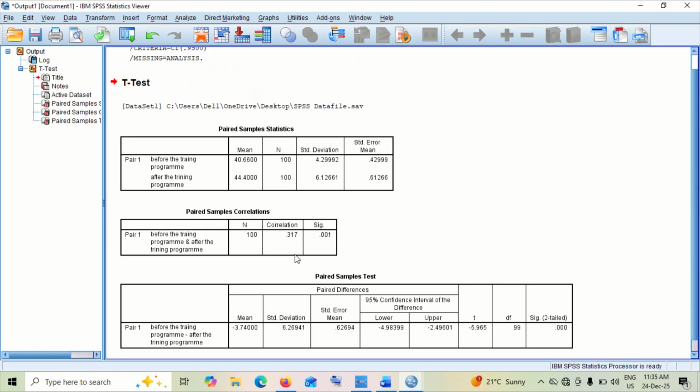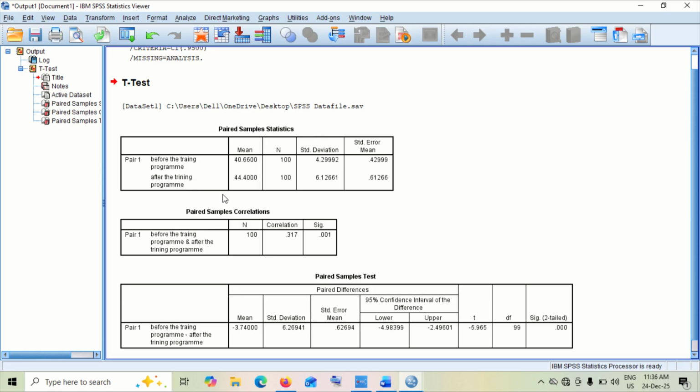In the output view, we can see three important tables of paired sample t-test. The first is paired sample statistics, the second is paired sample correlation, and the third one is paired sample test. From the paired sample statistics, we can understand that before the training program, there is only a 40.66 mean score and it increased to 44.40 after the training program.